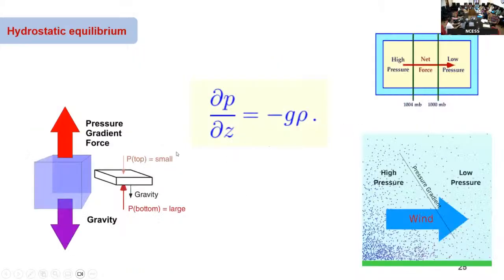Due to gradients in pressure, there will be a force called the pressure gradient force. That will be acting just opposite to gravity. So it will be in equilibrium, due to this equilibrium condition.